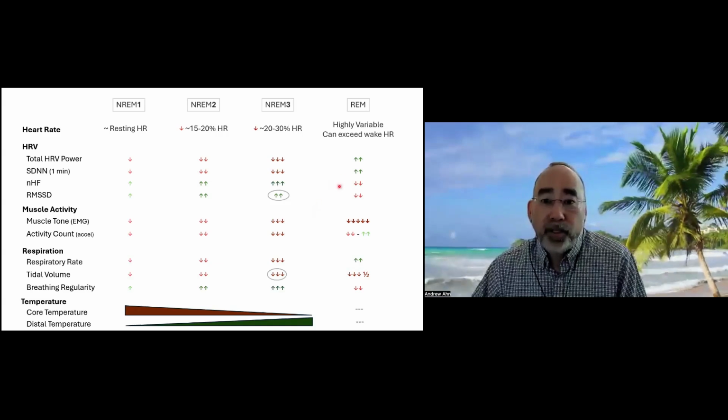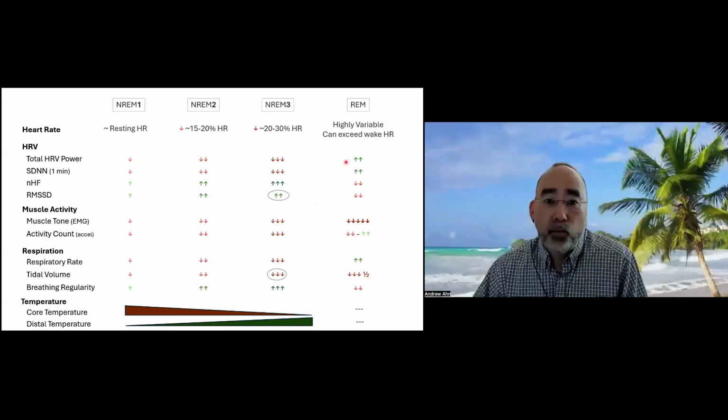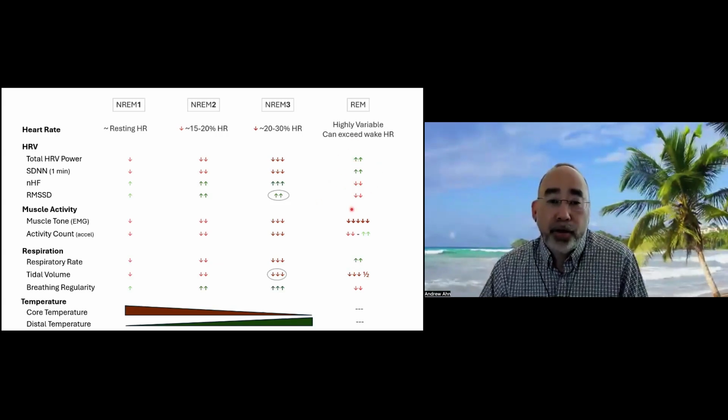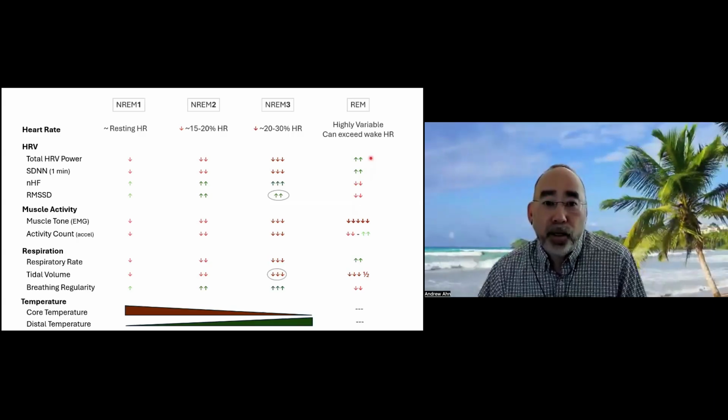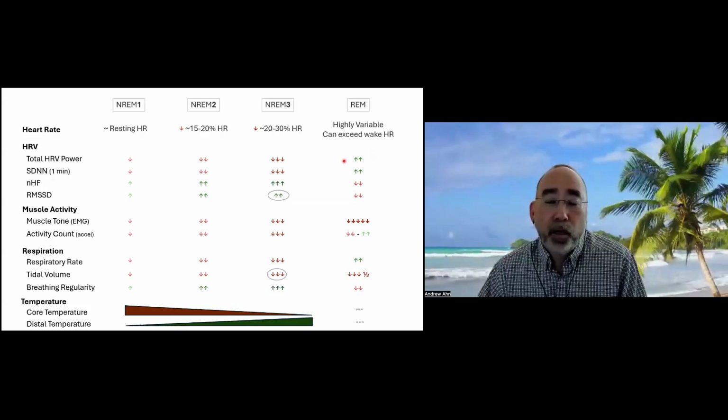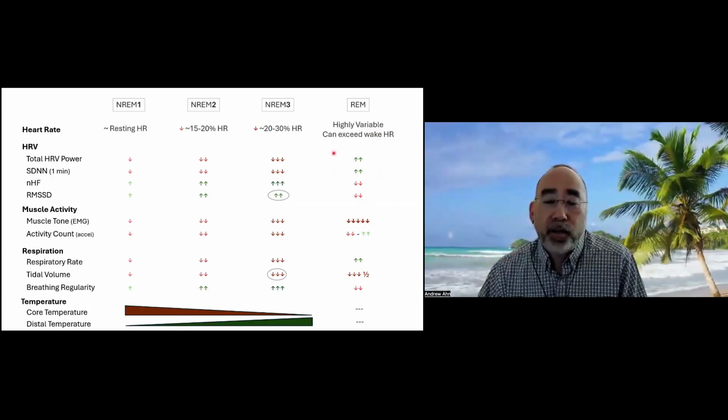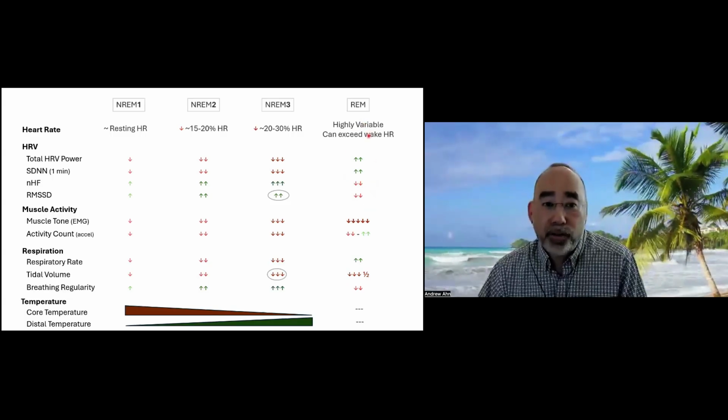And then if you want to differentiate in terms of REM sleep, ideally you want to focus on the increase in heart rate variability, reduction in normalized high frequency, and then the heart rate. But again, this is hard to differentiate from wake period because wake also shares all these characteristics.